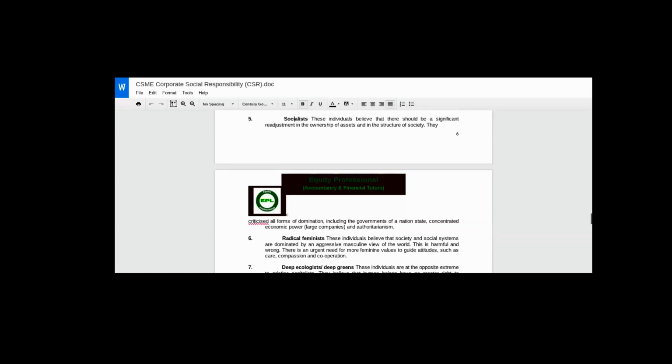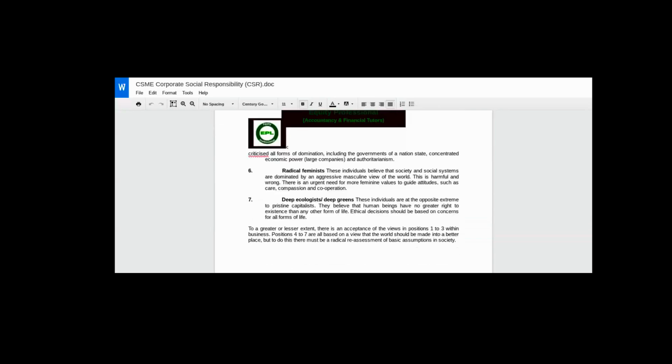That is the socialist view. So the radical feminist view, number 6. The radical feminist view is saying that the majority of government policy favors the male counterpart. Even some of the policies are too aggressive for the opposite gender, the female. Some policies are wrong, but there is nobody to checkmate the government on them.